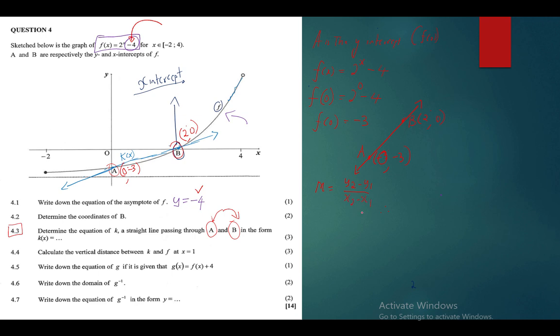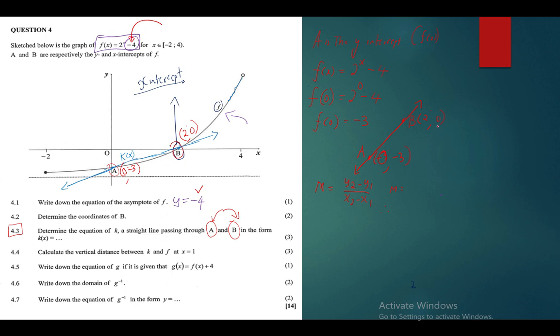When you are looking for the equation of a straight line passing through A and B, it's important to find the gradient. You need to find a way of finding the gradient.